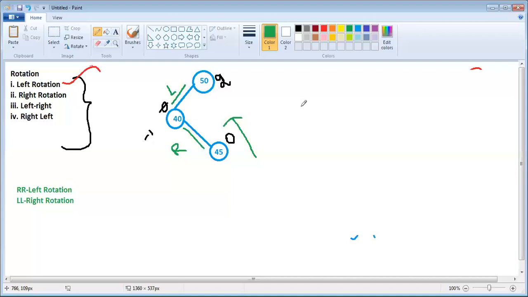We will do it one by one. You don't consider 50 now. Just imagine, in our mind only 40 and then 45.